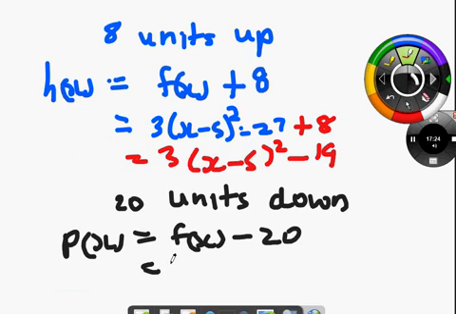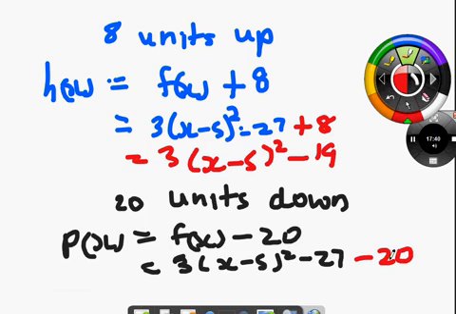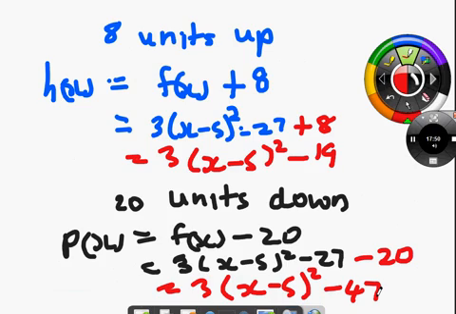So this would give us 3 bracket x minus 5 squared minus 27. And then because it's going down, we must subtract 20 there. So this will give us 3 bracket x minus 5 squared minus 47. That becomes your new graph after you have shifted it.